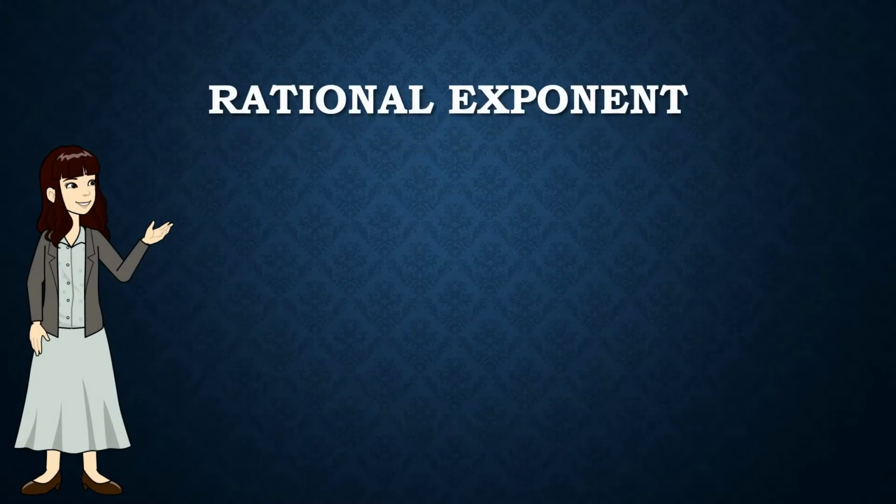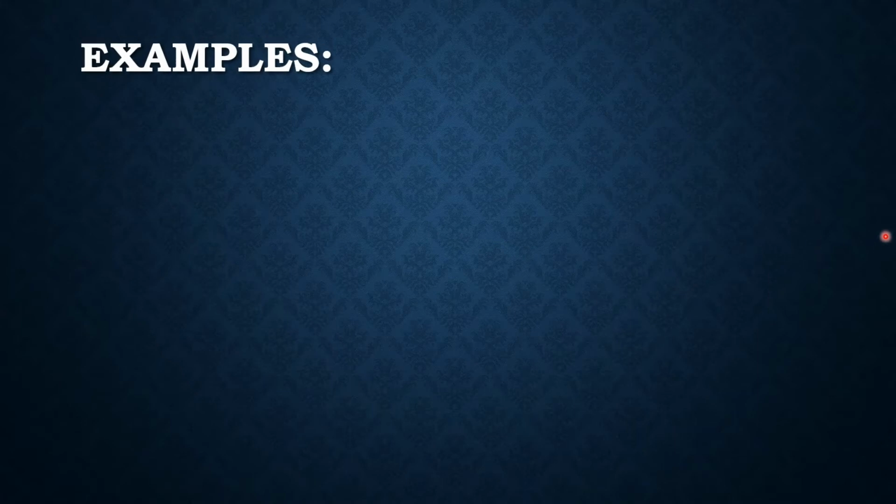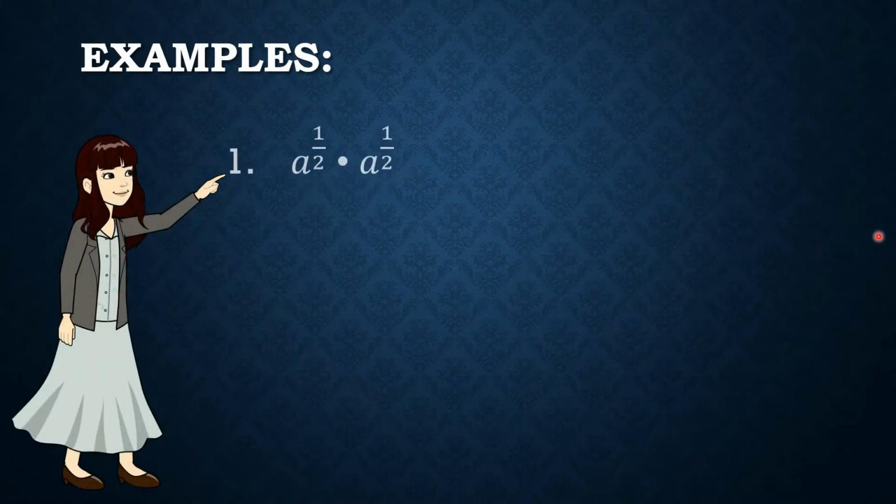With rational exponents, we use the rules for integer exponents, or the laws of exponents. Okay, I will give you an example. Number 1: a raised to 1/2 times a raised to 1/2 is a product law. In the product law, when multiplying powers with the same base, keep the base and add the exponents.